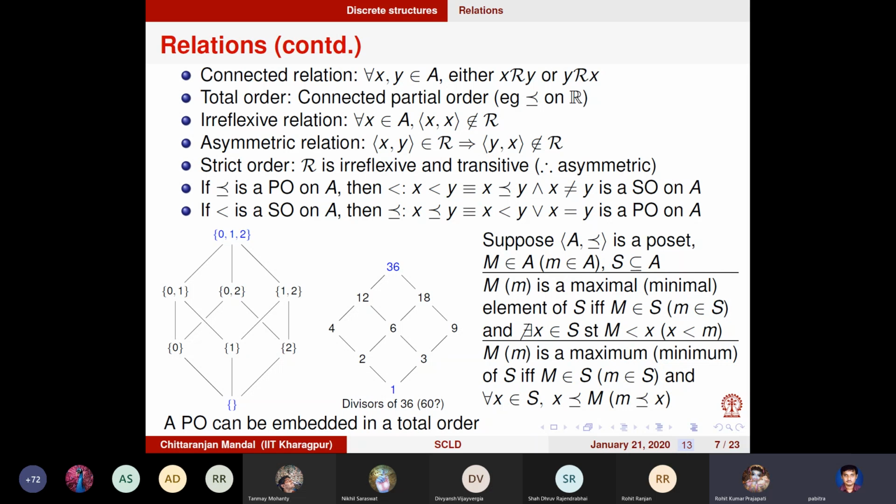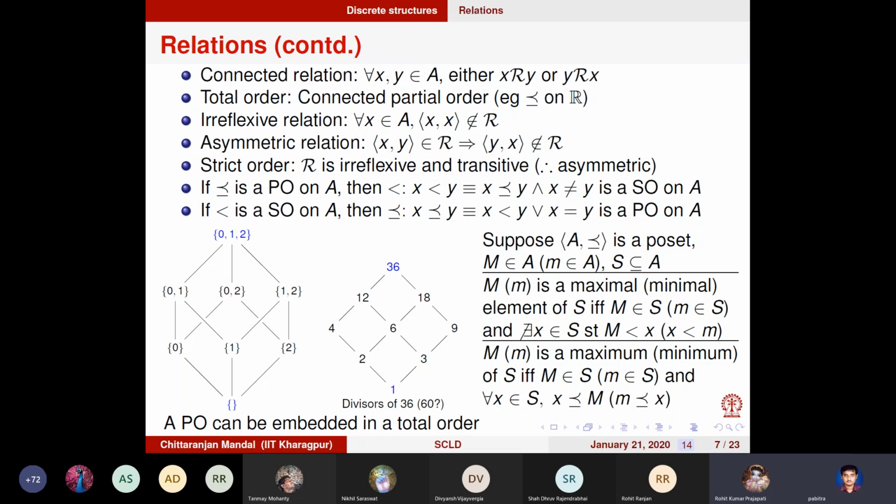There is no relation between them. Similarly, 12 is not less than or equal to 18, because there is no relation between them. So in this case, there is no maximum.